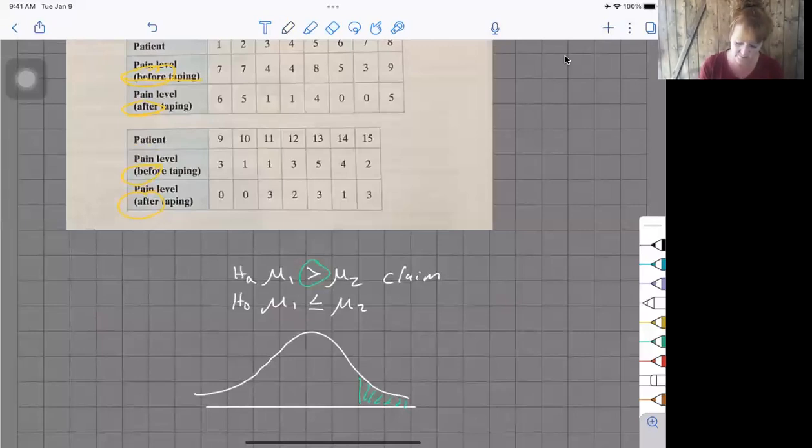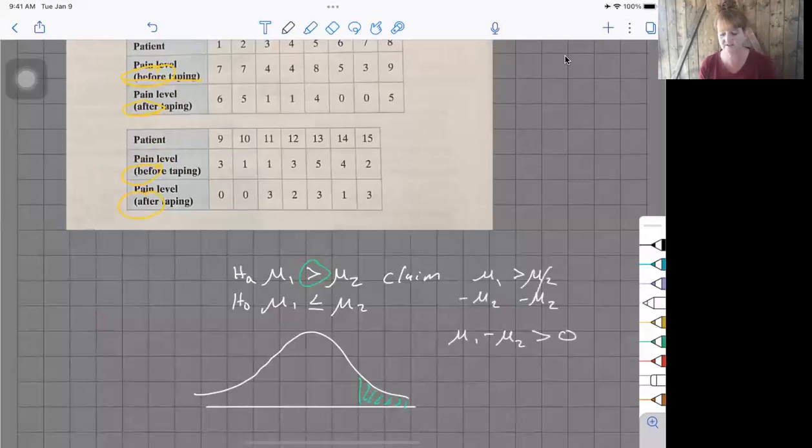So I'm going to take my claim, which is mu1 is bigger than mu2, and I'm just going to subtract mu2 over to the left. So this now becomes mu1 minus mu2 is greater than 0. These guys cancel out. Okay, I know for some of you that's challenging math. It's always going to look like that, though.